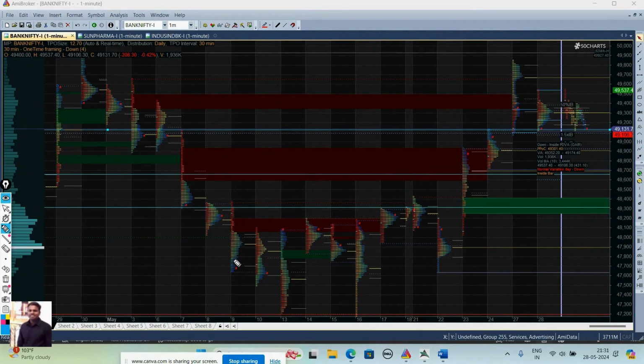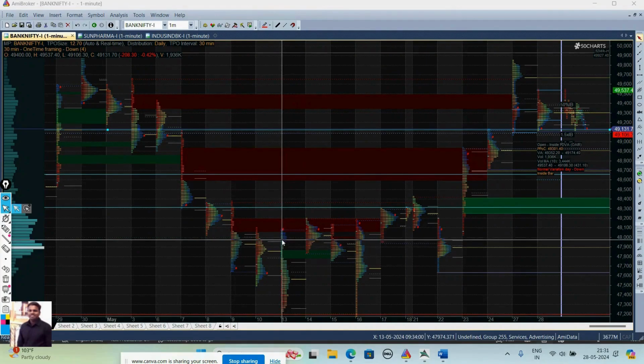Here is the closing price. Here is the closing price. It is closing downside. See, in three or four profiles the closing price is downside. Then the fifth profile is closing upside. This indicates that the market will stop. When the fall would continue, here the market will stop.